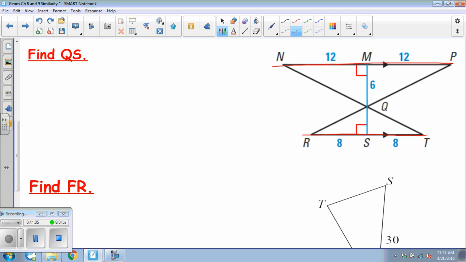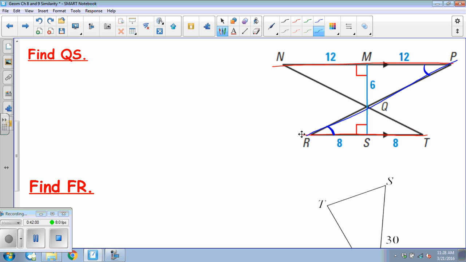So if PR is a transversal, what do we know about this angle and that angle? They're congruent because they're alternate interior angles. So this angle is congruent to this angle.